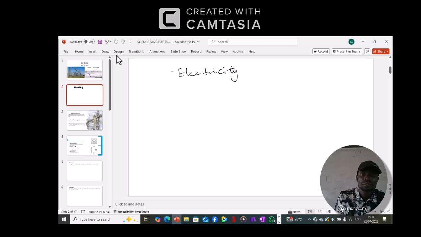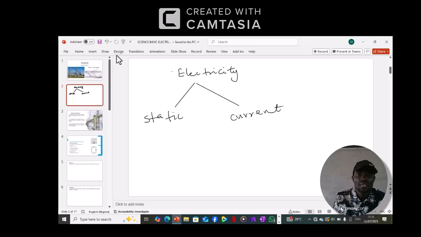We have static electricity, then we have current electricity.